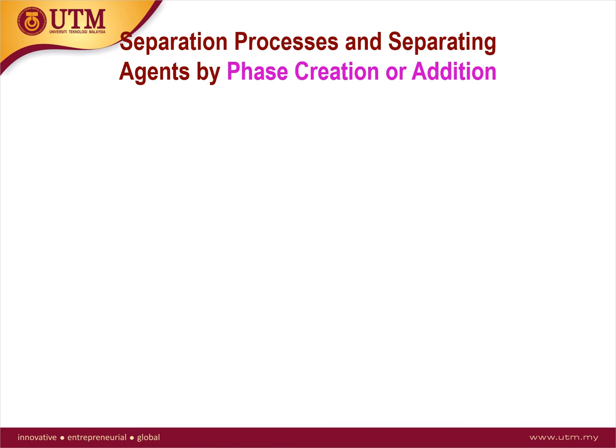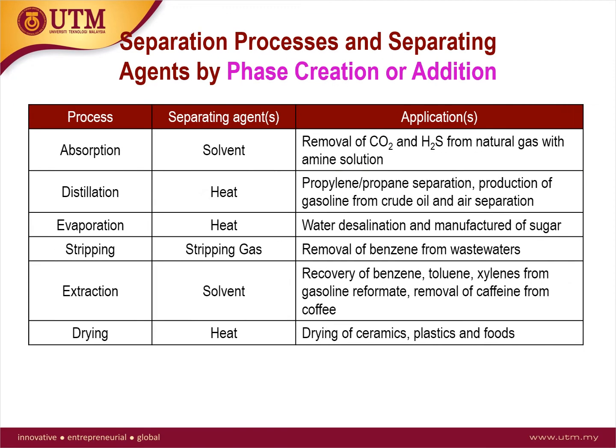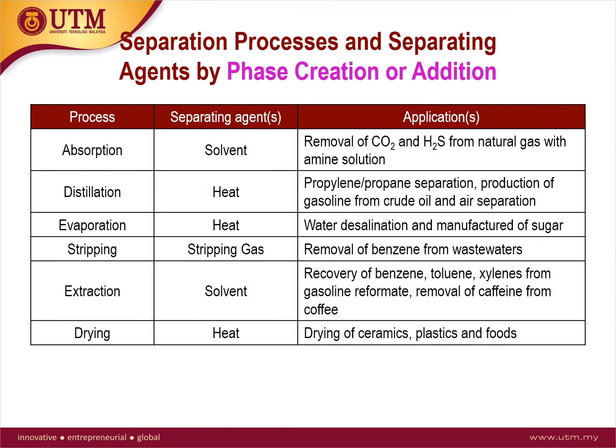Then we move to the separation processes and separating agent by phase creation or addition. For the examples of phase creation or addition, you may see on the slides that several processes with respect to the separating agent and application are being shown.